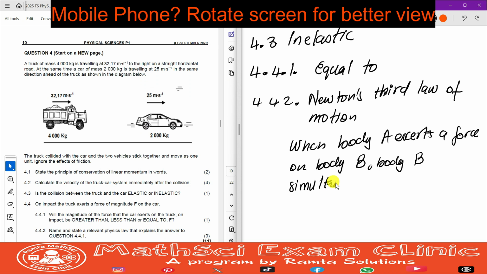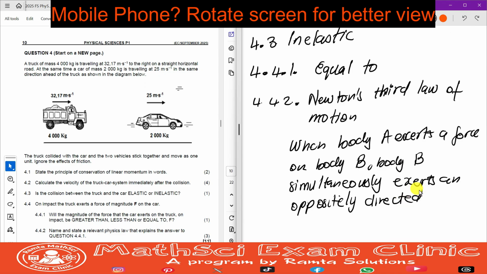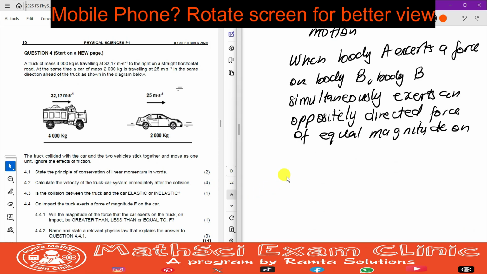exerts an oppositely directed force of equal magnitude on body A. So let's read it once again.